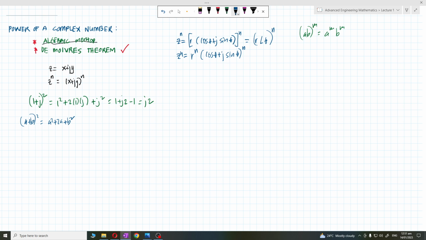I will leave it here for now, and later on we will write the much simpler expression for r cis theta raised to n.